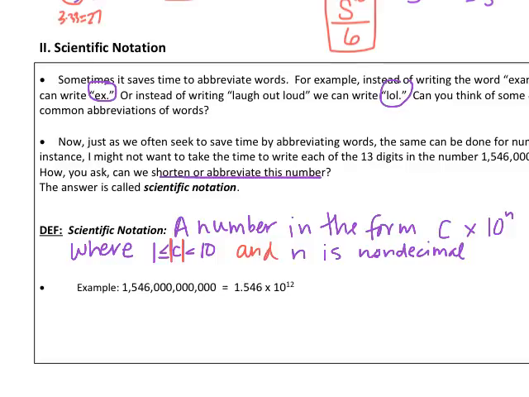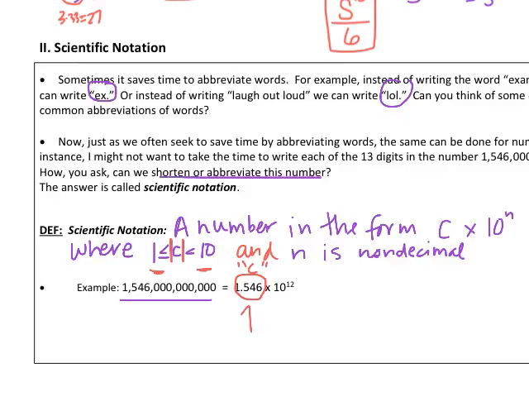So let's take a look at the example problem that we have. It looks like this large number can be condensed down and abbreviated to 1.546 times 10 to the 12th power. Well, why is that? First of all, let's identify this right here as C. Like we said, C has to be between positive 1 and 10.